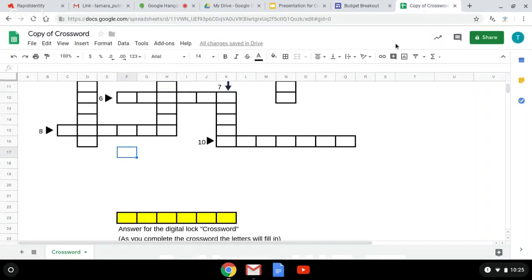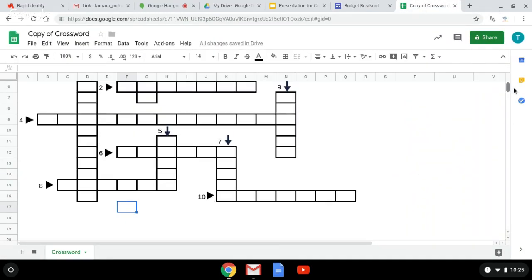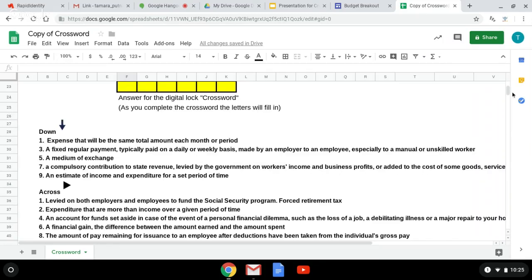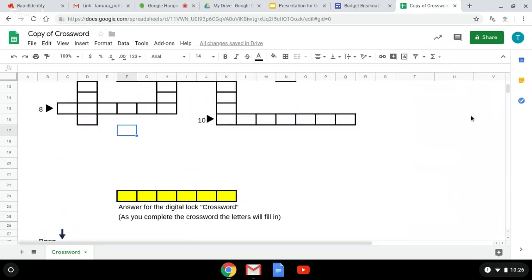So if we go back to our crossword, their questions are down here at the bottom. So they would answer up there, and we'll just do one of them really quick. Number 5, down, medium of exchange. The answer for that is money.